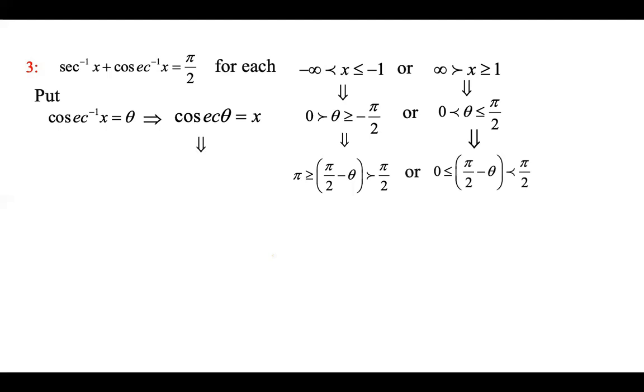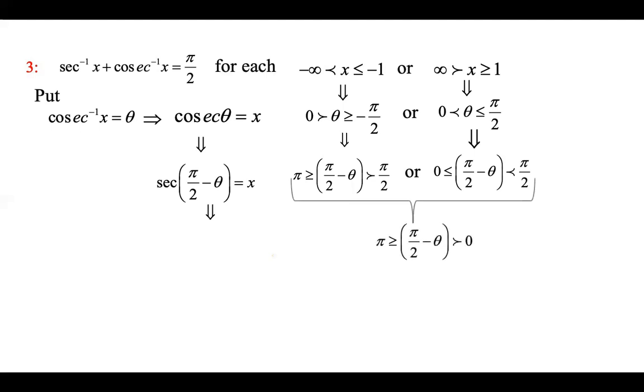So overall, cosecant theta is equal to x can be written as secant of pi by 2 minus theta is equal to x. From these two things, we got that pi by 2 minus theta falls in the interval 0 to pi, which is perfectly the invertible interval of the secant function. Here secant of pi by 2 minus theta is x, and that angle falls between 0 and pi.